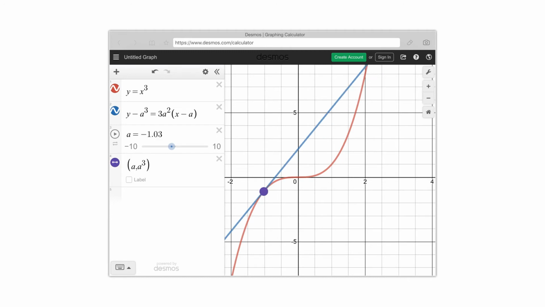Now, the animation doesn't really come through clearly on this video, but you could go ahead and have it play, and it would run through all of the different possible values of a. And it looks quite beautiful as this tangent line almost rides along the graph. It looks like a very cool animation as it goes through it and is continually tangent all the time.